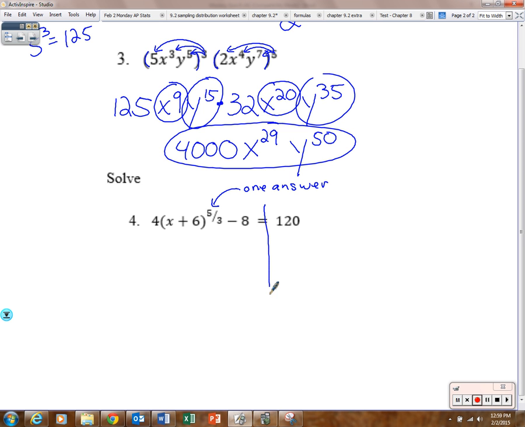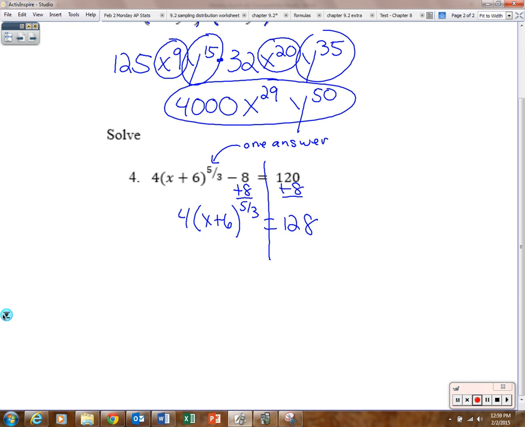All right, step 1, add 8 to both sides. So 4 times x plus 6 to the 5/3 power equals 128. Divide by 4.